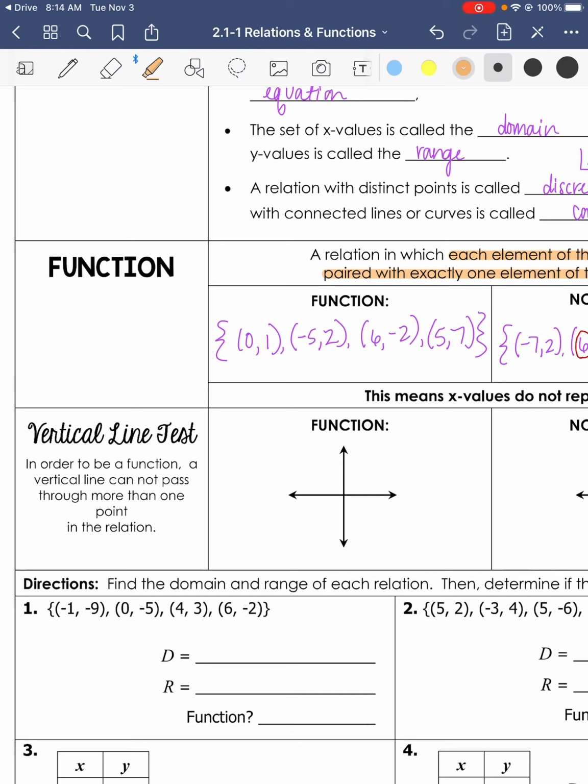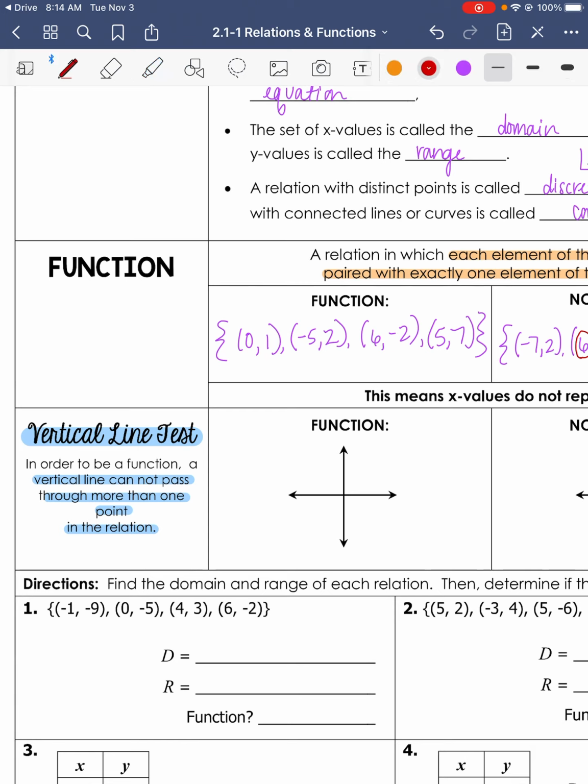If we are looking at the graph of a relation and we want to determine if it's a function or not, what we do is called the vertical line test. Okay, and that says in order to be a function, a vertical line cannot pass through more than one point in the relation.